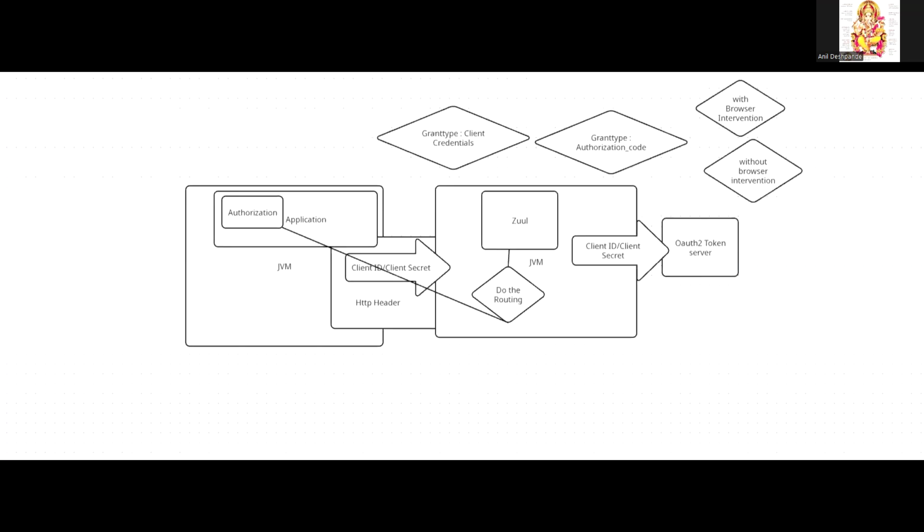So when it's client credentials, you're going to pass the client ID and client secret to the token server. But a very important point to remember here is that we also have to know the sequence based on which the authorization and getting tokens happens. So let's try to see that now.